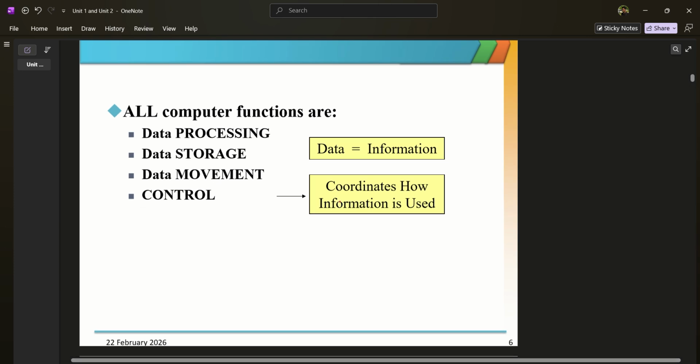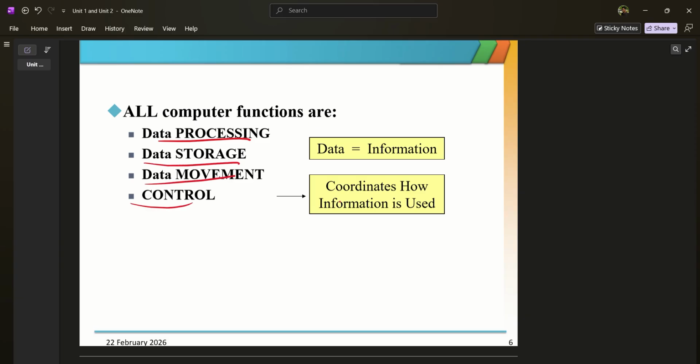As far as functions are concerned, every type of function can be put into these four categories: data processing, data storage, data movement, and control. Data is a unit of information which is manipulated by the processing and functioning units to perform the necessary operations.